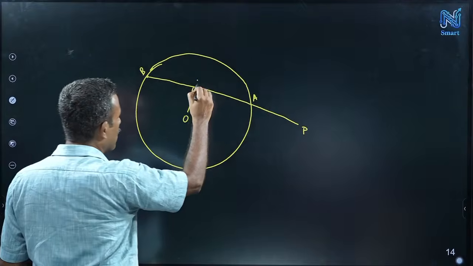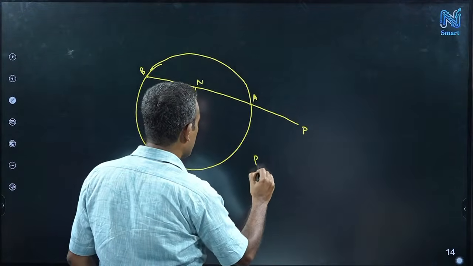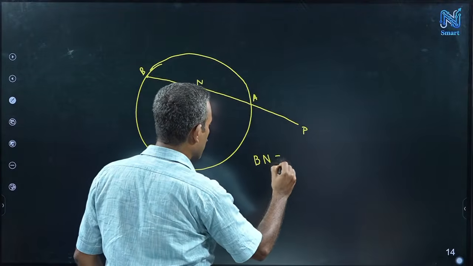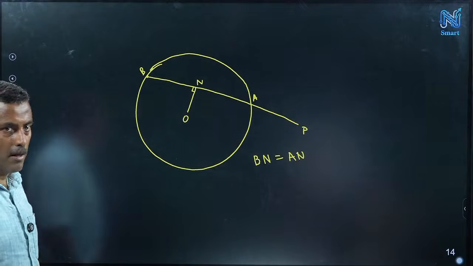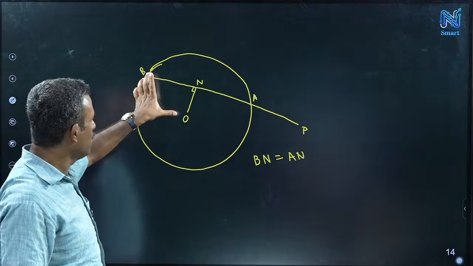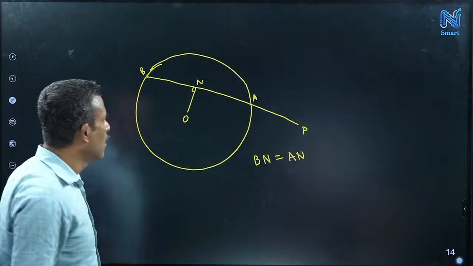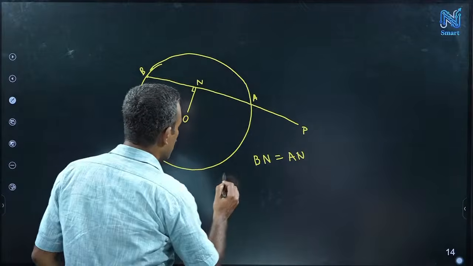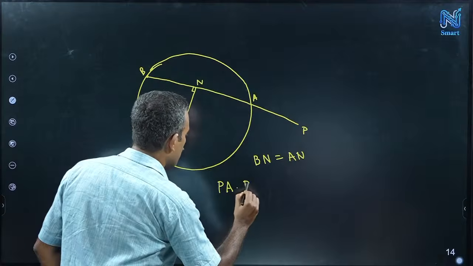And you know that if you draw the perpendicular, then BN is the same as AN, a midpoint. Because if we join BO and OA, these two triangles are congruent because BO equals OA, this is 90 degrees, and this is a common side. So RHS. Now what is PA into PB?